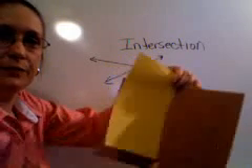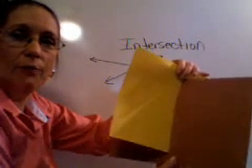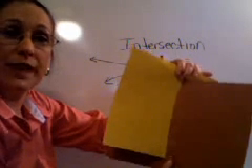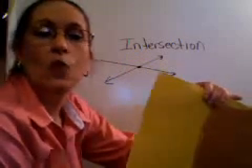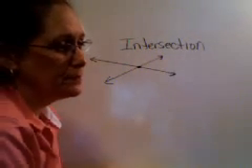When a plane intersects with another plane, they form a straight line. You can see the yellow plane and the brown plane are intersecting, and what they have formed is a straight line. So when planes intersect, they form a line. When lines intersect, they intersect at a point.